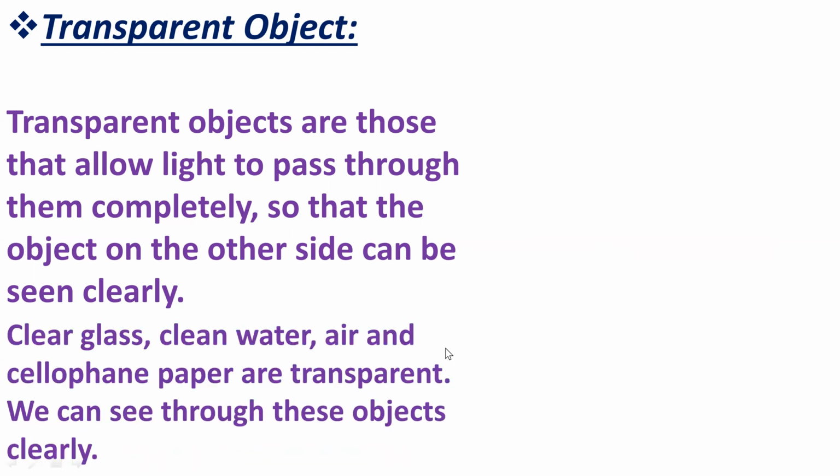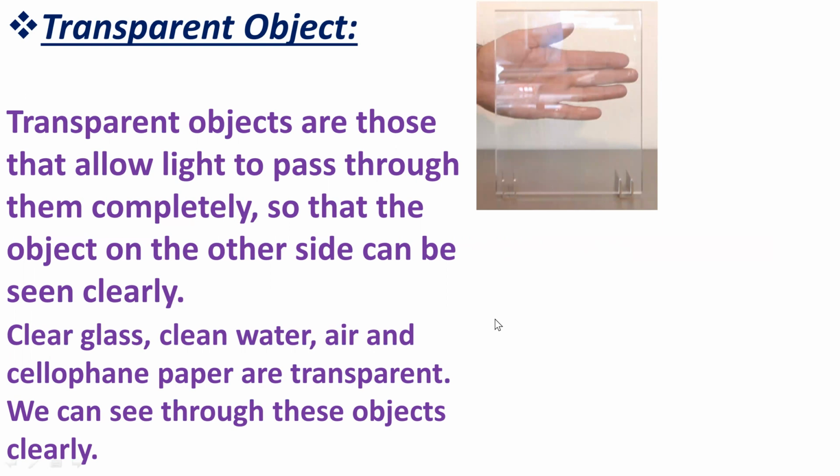Let us simplify this concept. Clear glass, clean water, air, and cellophane paper are some examples of transparent objects. We can see through these objects clearly. If we pass light towards this object, the maximum amount of light can pass through it, and on the other side of that object we can see clearly.